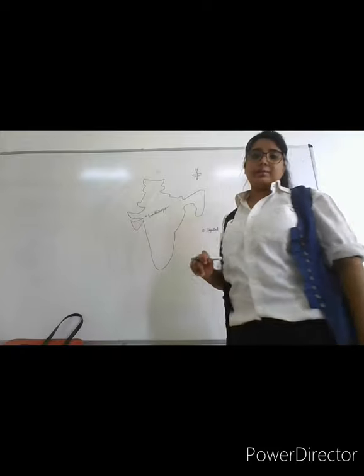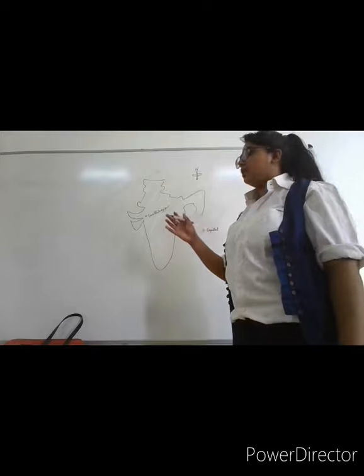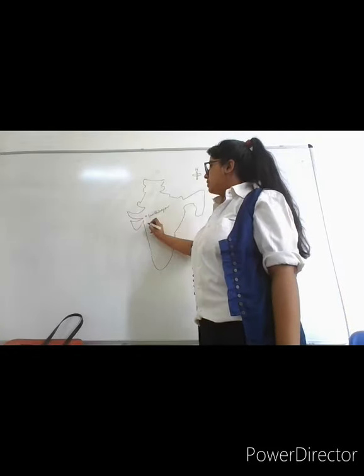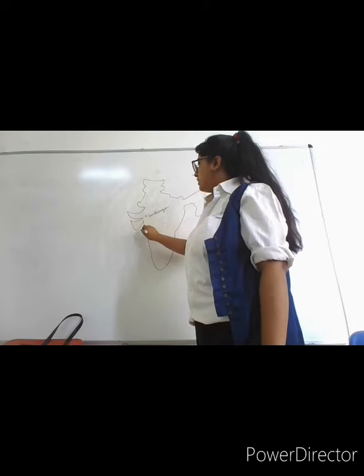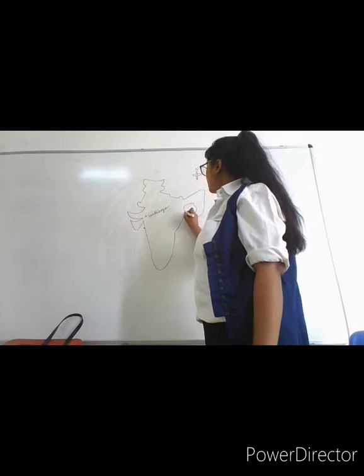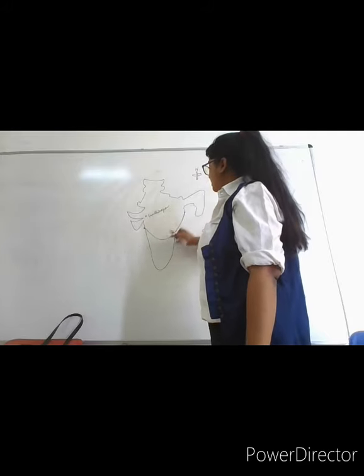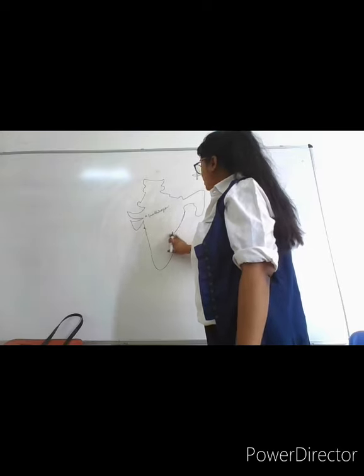Then, if we are talking about a road map, or maybe a water route, suppose this is Mumbai and we are talking about a Mumbai to Kolkata water route. Suppose a dotted line is made for the Mumbai to Kolkata water route.